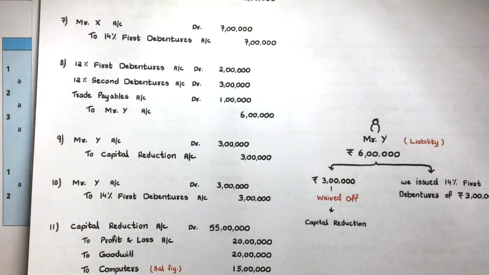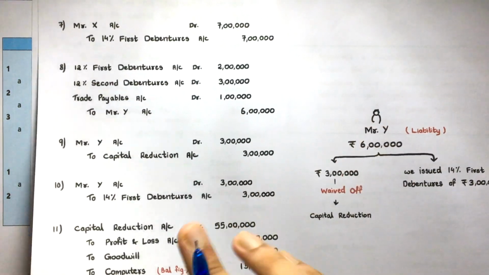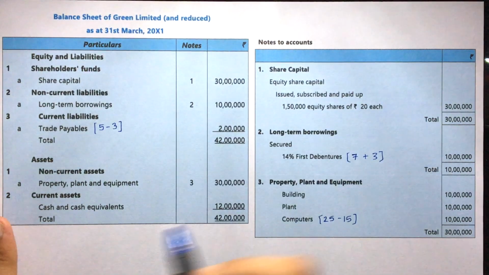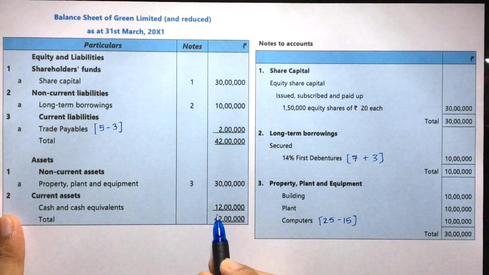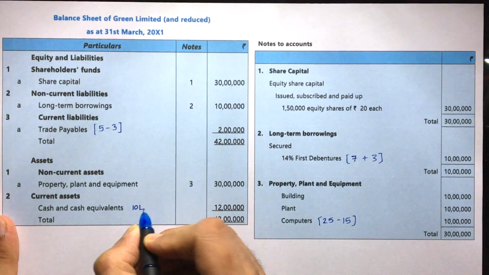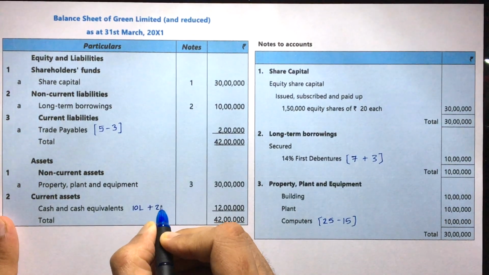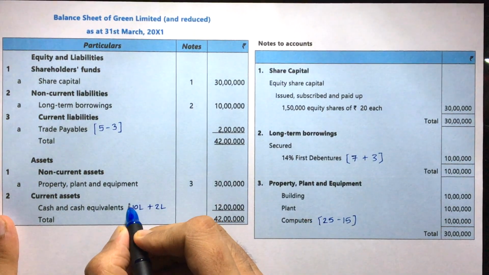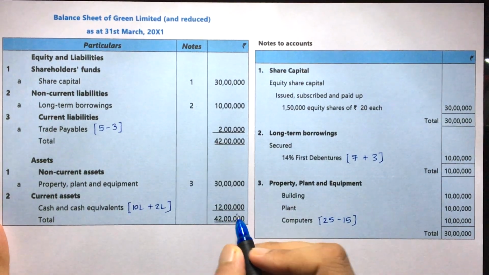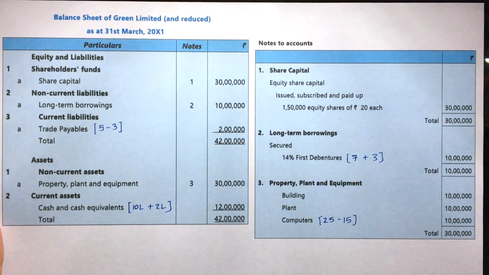Is there anything else? No, that's all. Only 2 debits of bank account are there. So that 12 lakhs will come over here. See, cash and cash equivalents 12 lakh. How is this? 10 lakh by making the final call, and 2 lakhs we have got from Mr. X. So that's how it became 12 lakhs. Is it clear? Simple and straightforward.